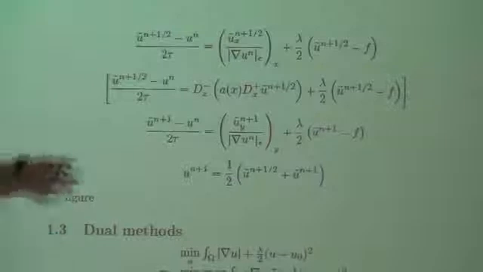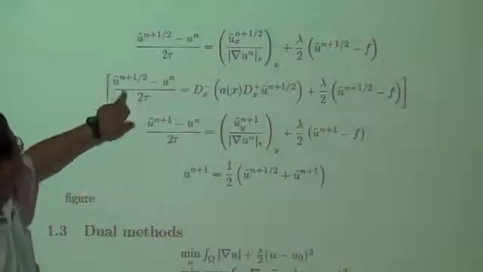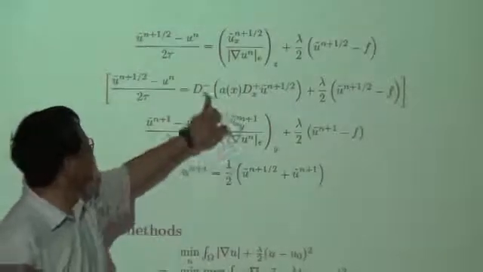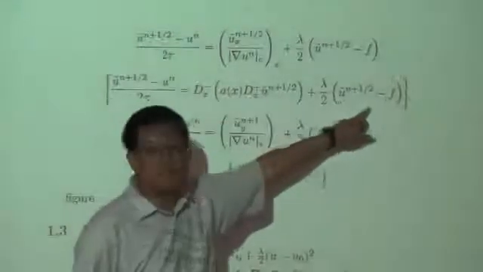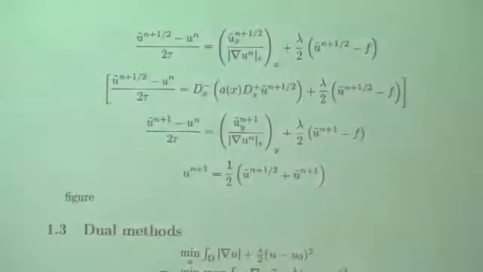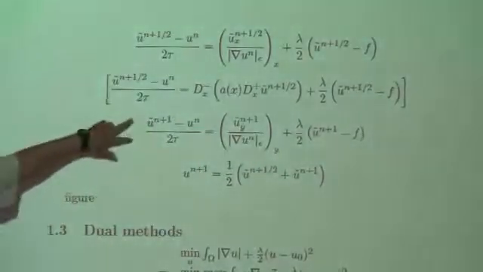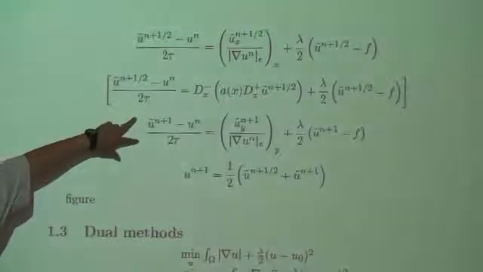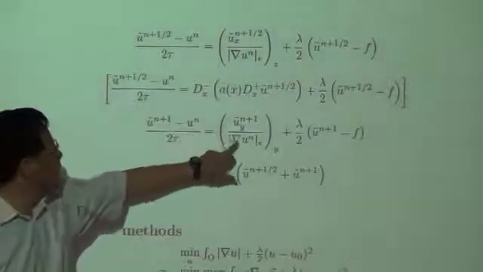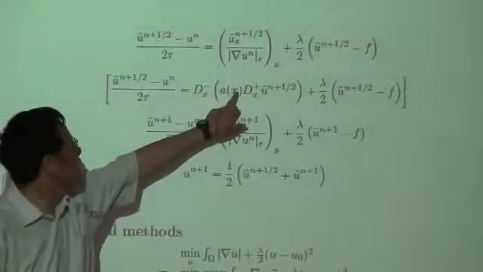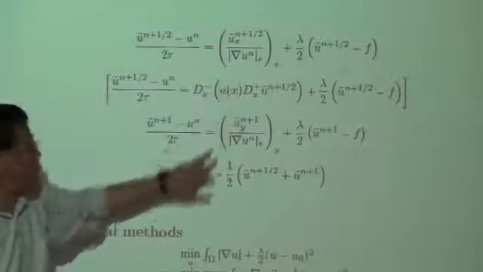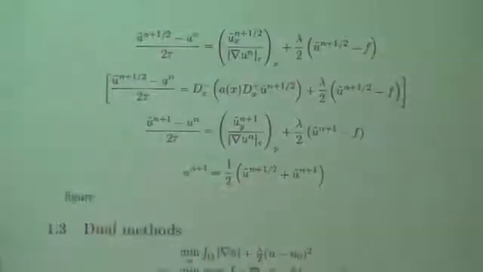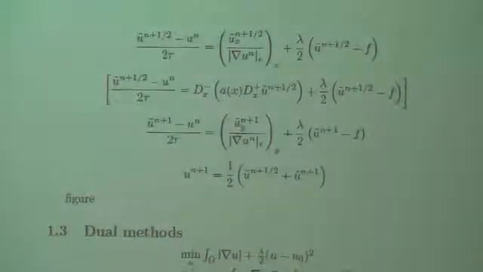If you write it down, you just put the ax as the inverse here, this is the ax, un, and this is a linear equation, right? The y direction is the same, you solve the equation for the y direction, so you have the same kind of linear equation. After you solve both equations, you average both at every nodal point.